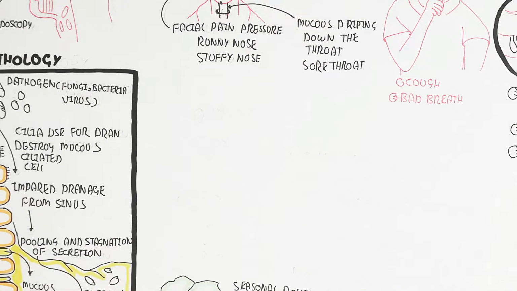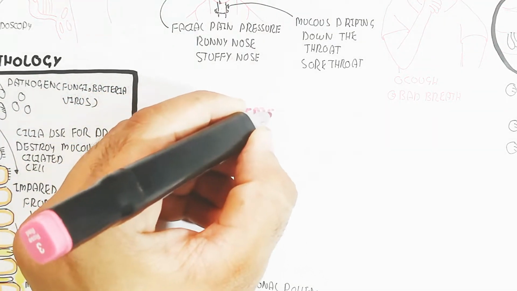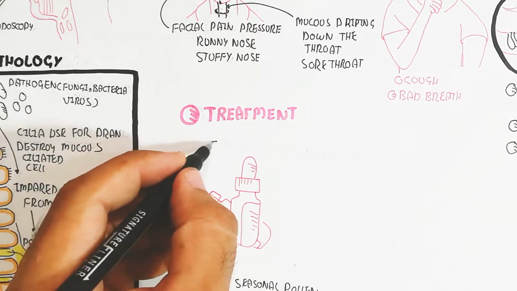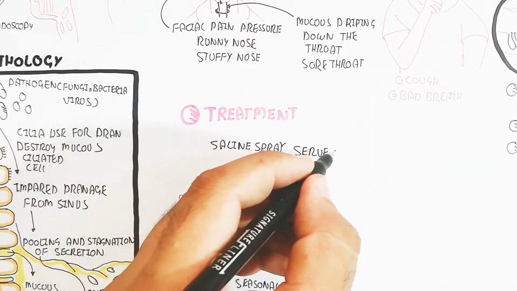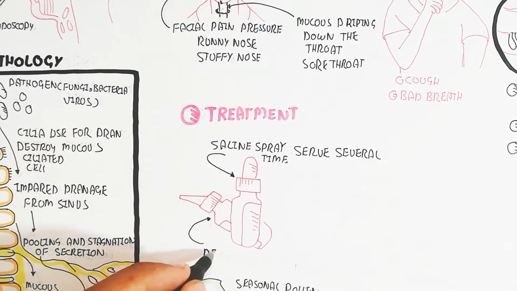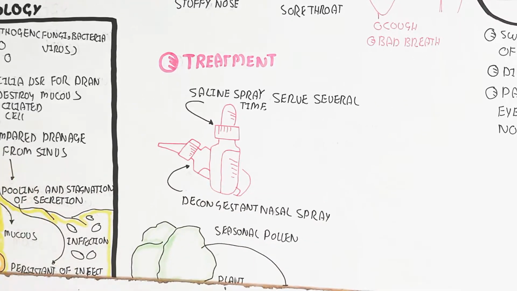If we discuss the treatment, it is basically different types of treatment through drugs or nasal spray. Saline spray is used several times for relief of sinusitis, and decongestant nasal spray is also used.